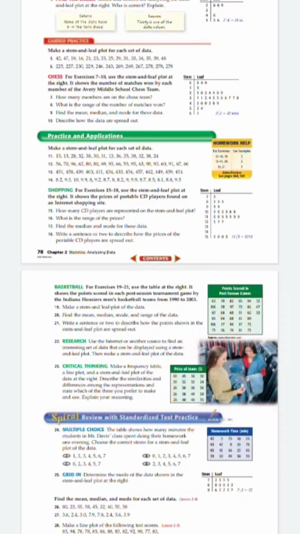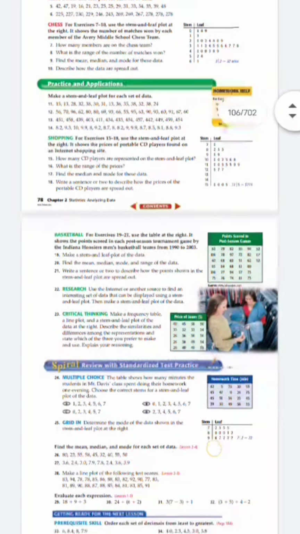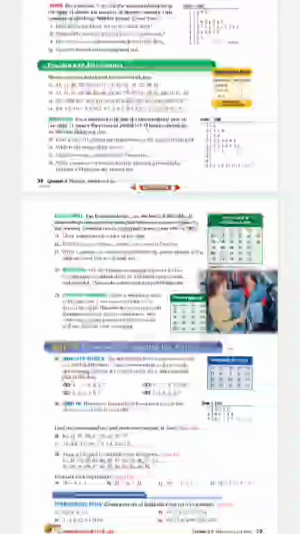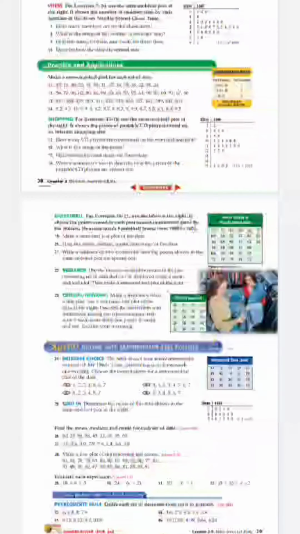Make a frequency table, a line plot, and a stem and leaf plot of the data at the right. Describe the similarities and the differences among the representations and state which of the three you prefer to make and use. Explain your reasoning.